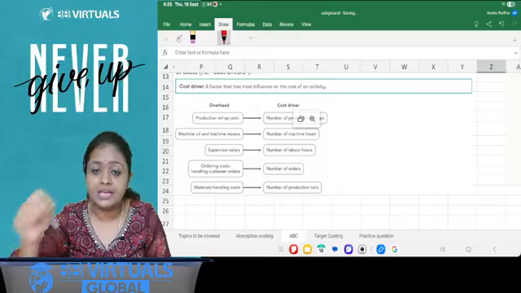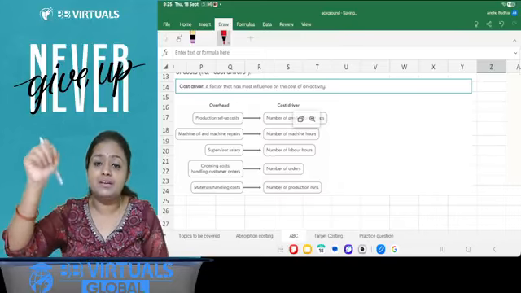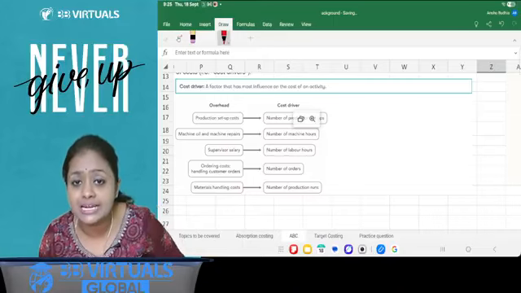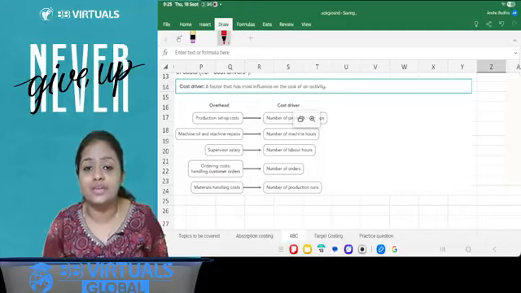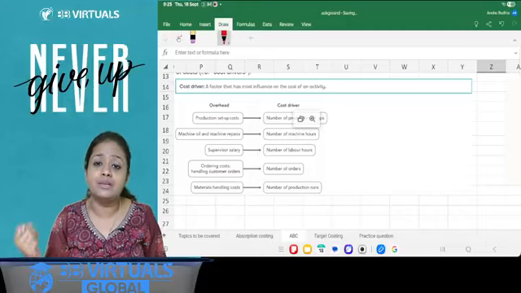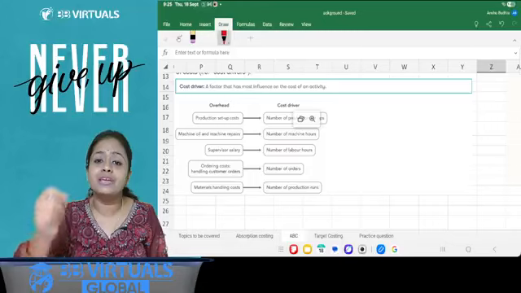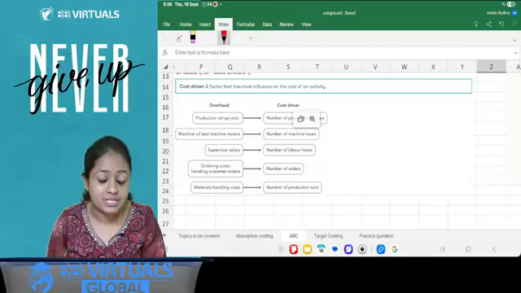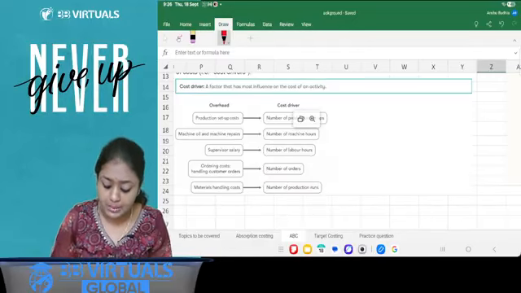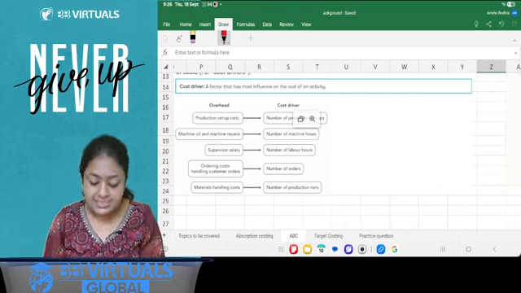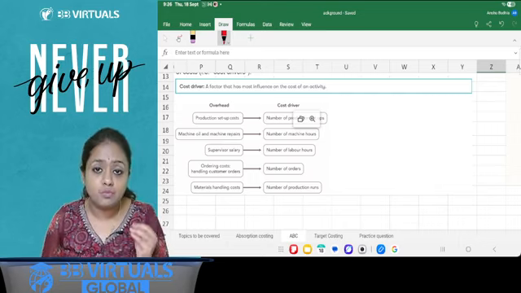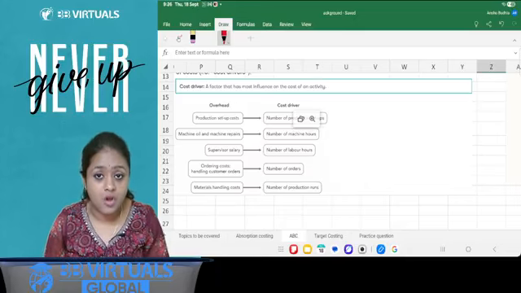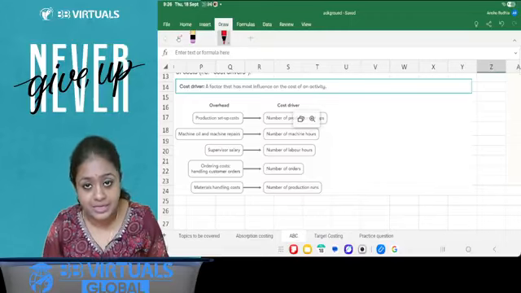The activity may be rentals, production runs, machinery setup, loading and unloading, material handling, or inspections. All these activity related overheads will be allocated to the product cost on the basis of the factor that has the most influence on the cost of that activity.